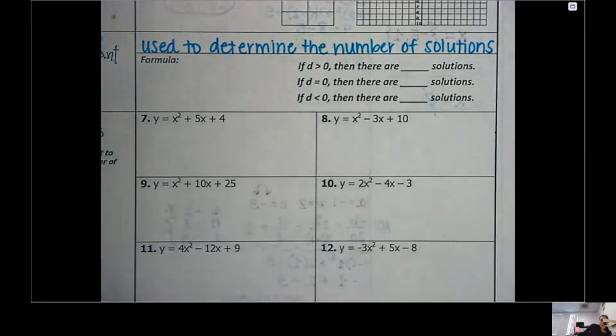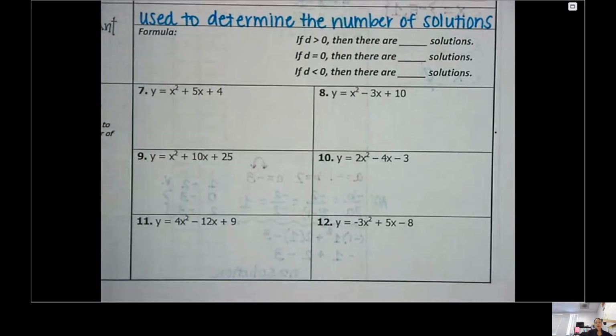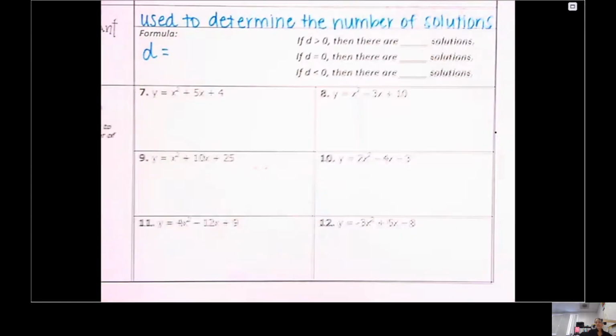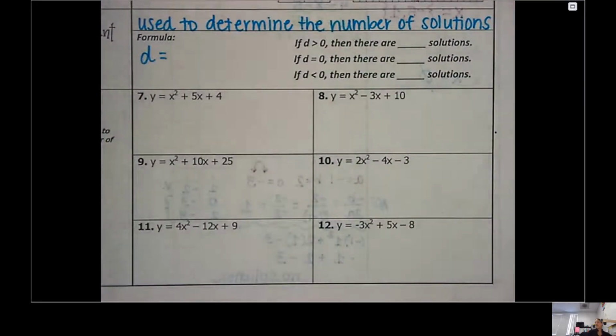So our formula is similar to our axis of symmetry. It's another part of something called the quadratic formula, which I'll teach you later this week. But the formula for it looks like this. D equals, so D is the discriminant. Everyone say discriminant. Discriminant.